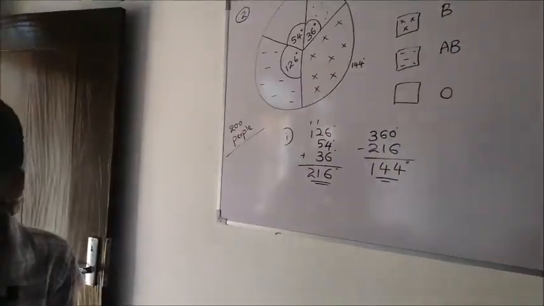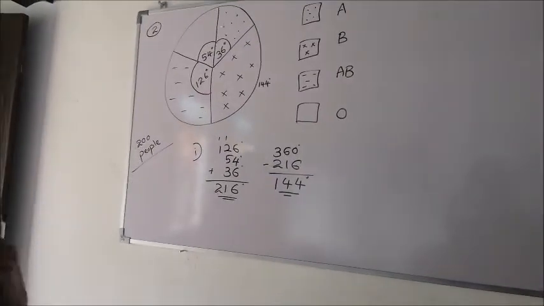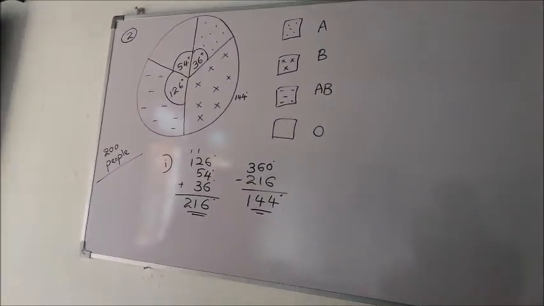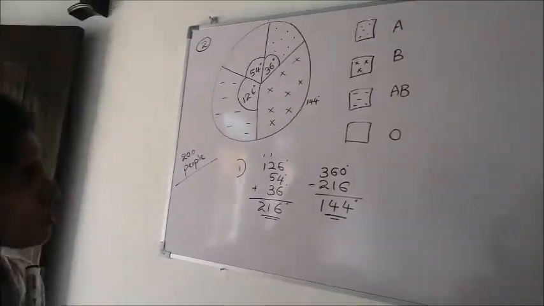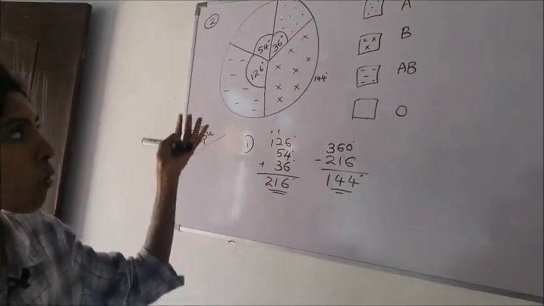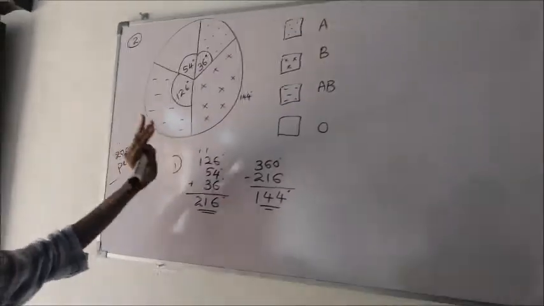Right. Now the next question is, find the number of people with each type of blood group. Number of people only we need to find. Here we know all the angles in the sectors.